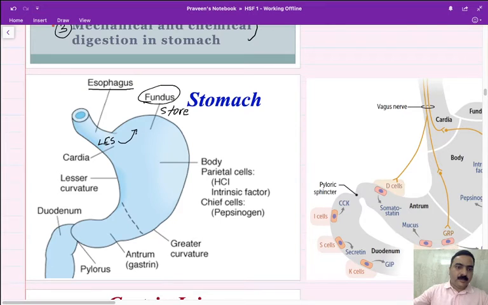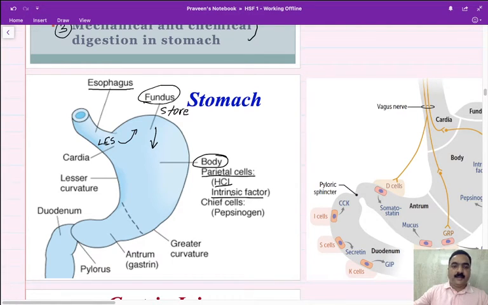Once the food stops coming from the esophagus and the lower esophageal sphincter remains closed for almost 10 to 15 minutes, the fundus contracts and pushes the food towards the body.